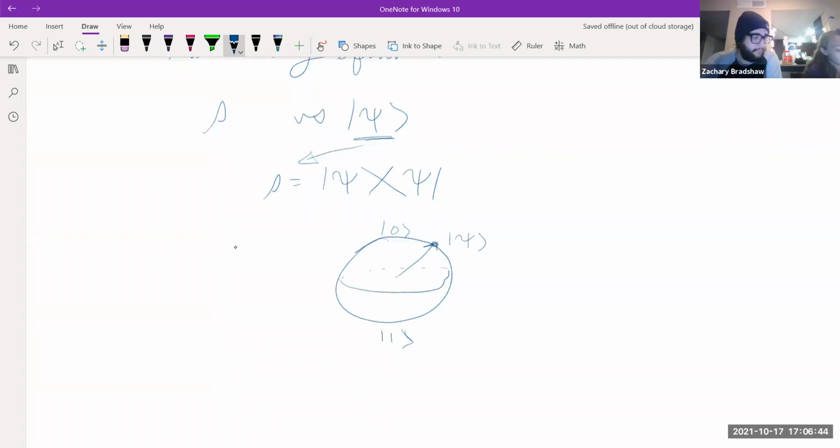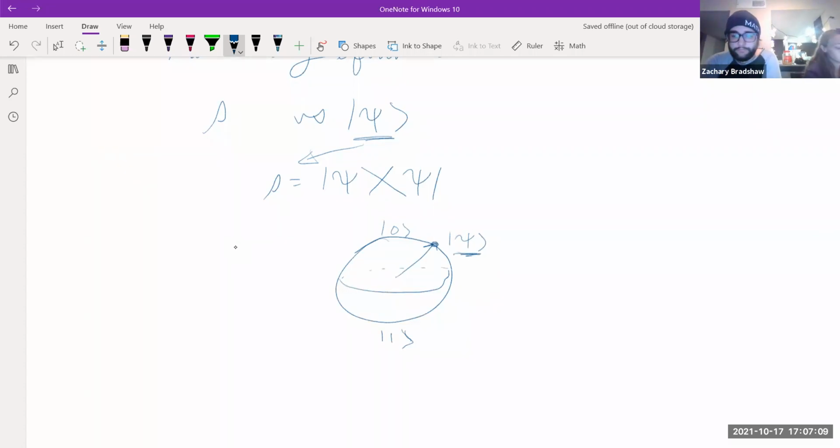But what about everything inside of the Bloch sphere? Is that an acceptable quantum state? Well, it turns out yes. However, describing them using this sort of ket notation is actually extremely difficult because the states on the inside are not pure states like this that you can just describe with one vector, but a combination of states. So what does that mean?